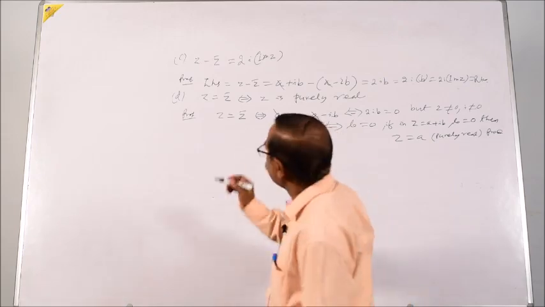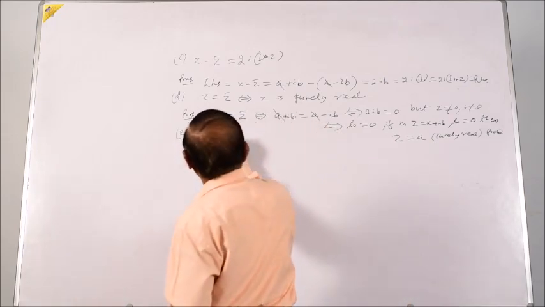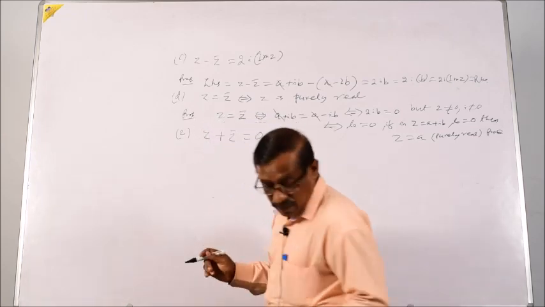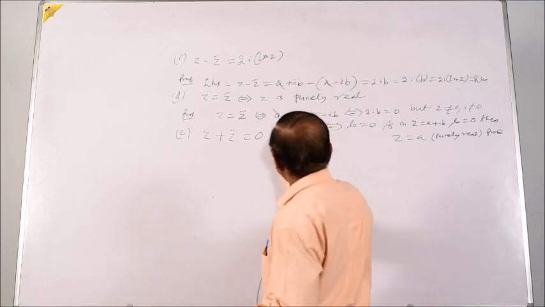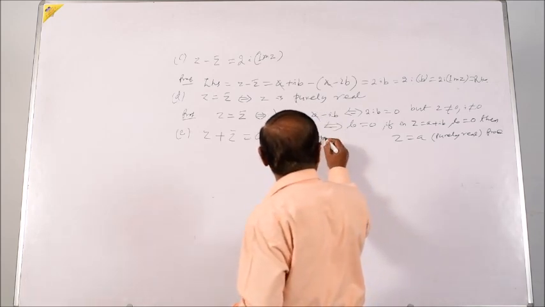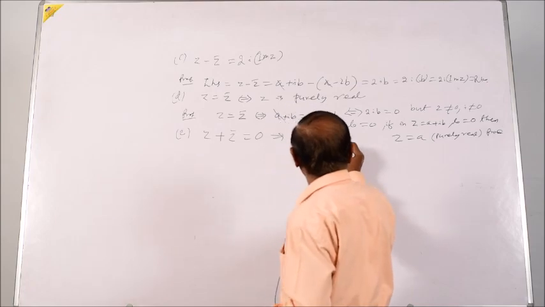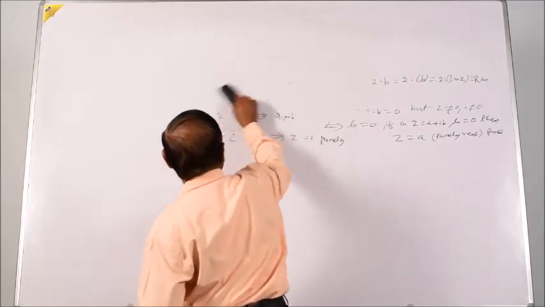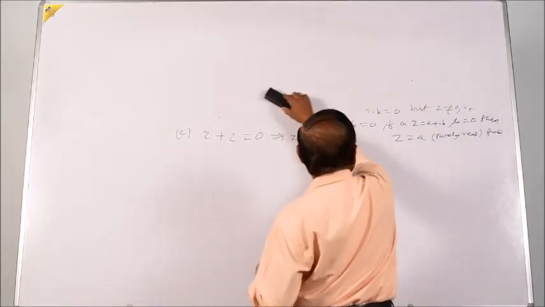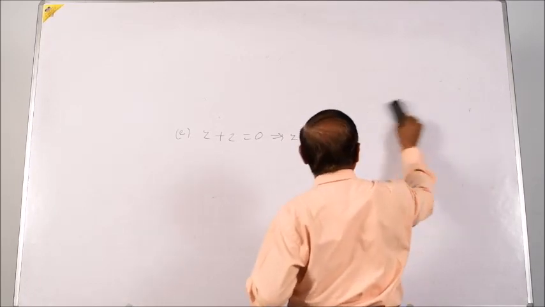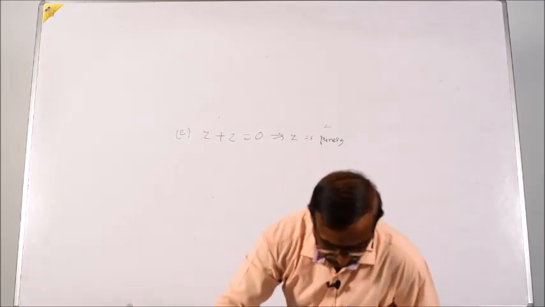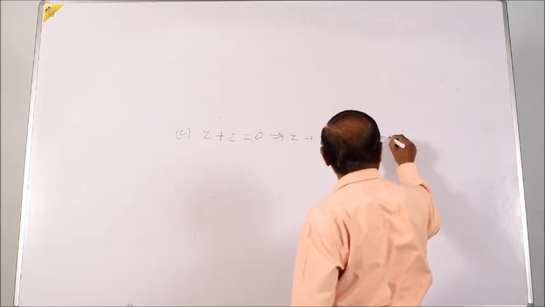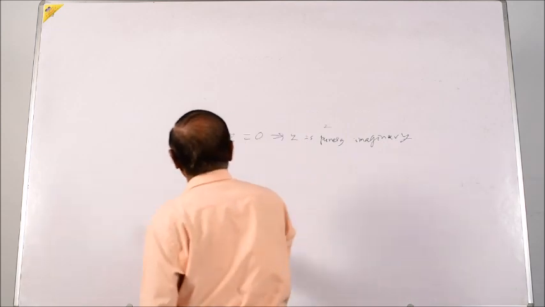Now, Z plus Z bar equal to 0 implies Z is purely imaginary. Right. Let's prove.